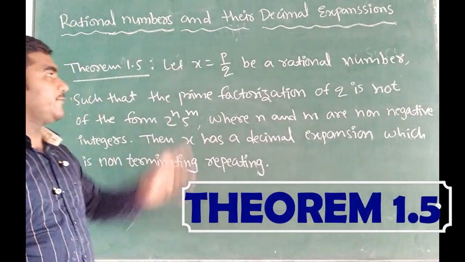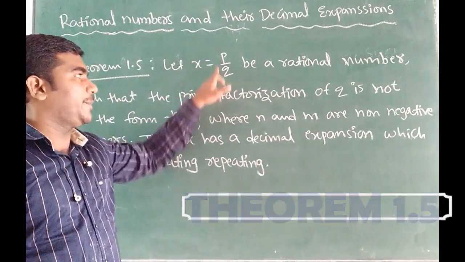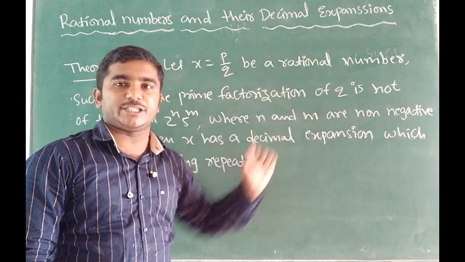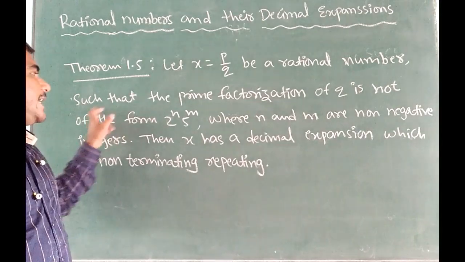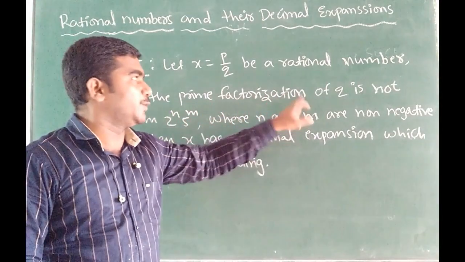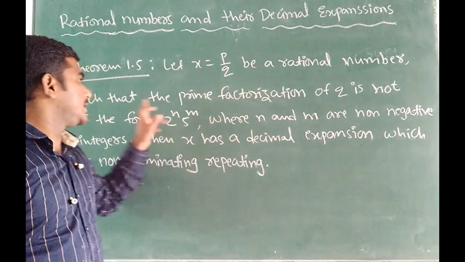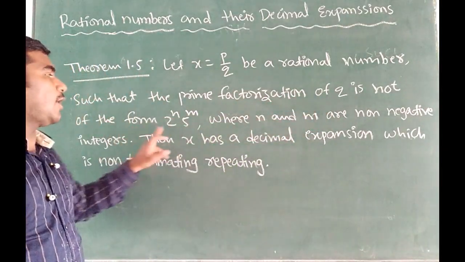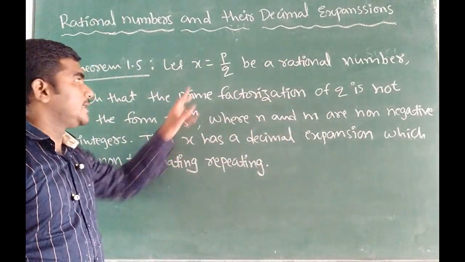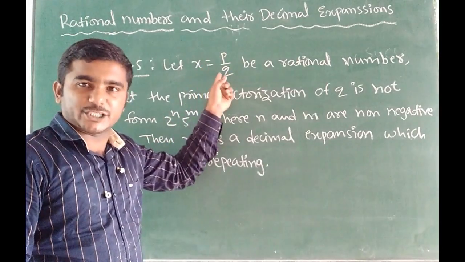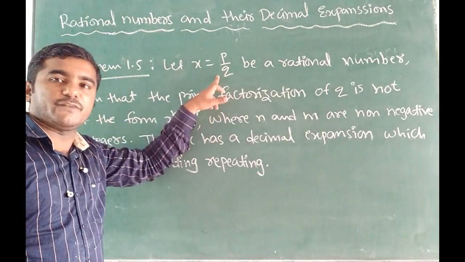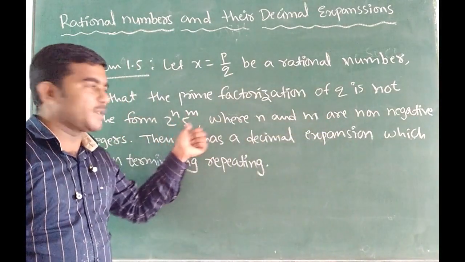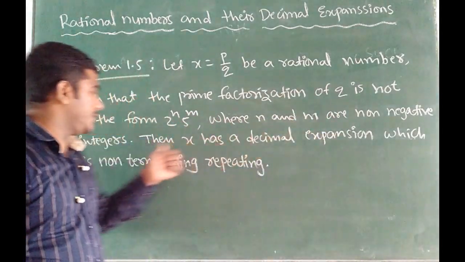This is theorem 1.5. Let x equal to p by q be a rational number such that the prime factorization of q, the denominator, is not in the form of 2 power n into 5 power m, where n and m are non-negative integers.